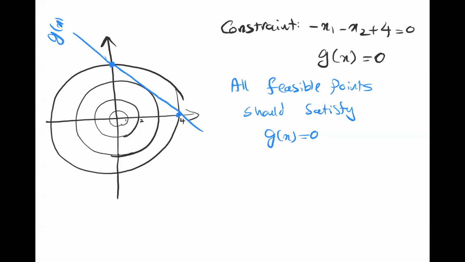So this is g of x is equal to 0. All right. So the optimal solution happens here. What's the feature of this point? That's where the gradient of your function is in this direction, and this is your constraint.